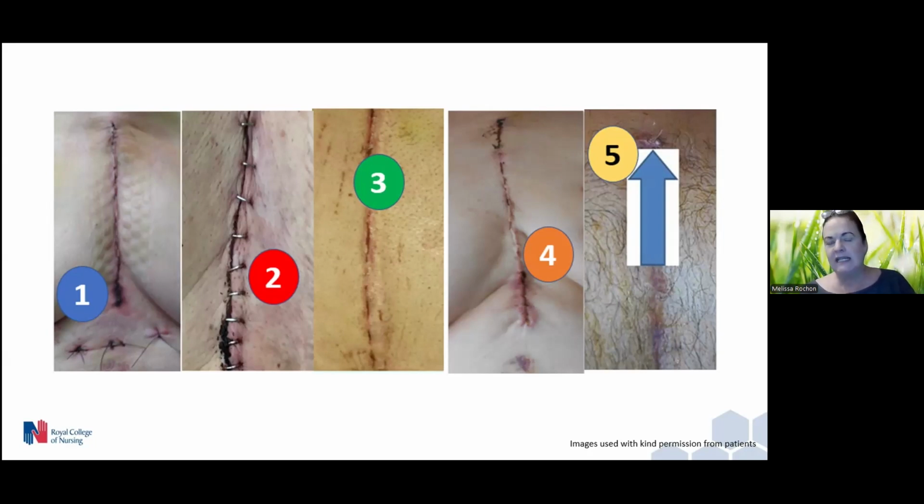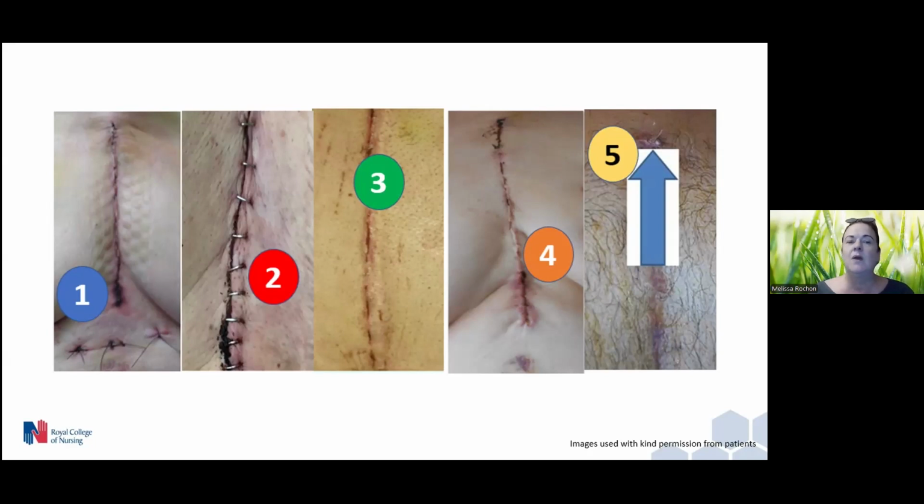Number two is an example of surgical staples, which are supposed to be placed equidistant to help the skin heal. Again, I'm not surgically trained, but where the number two is, there's a drift where it's not equidistant. It's not going to support the wound area very well.